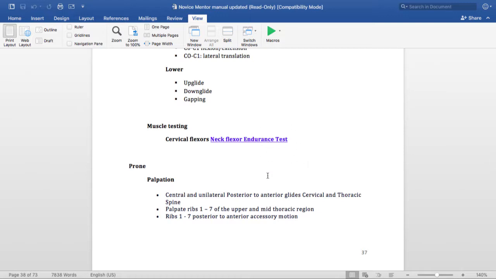More palpation prone. Again, if you do central PAs, unilateral PAs, this is the time to do it. You can take up the slack and see if there's springing in all those joints. If you don't do unilateral or central PAs, you can also do mobility testing in side lying, get them into a position, and do a translation through each segment to see mobility. Your choice.